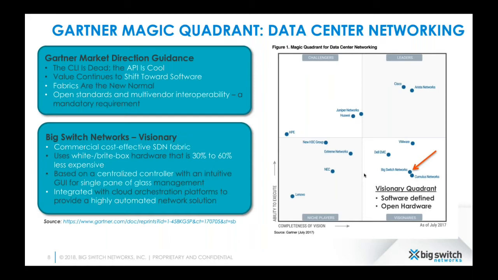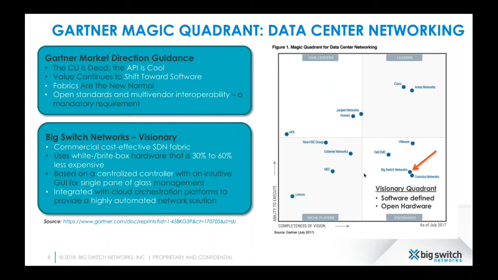Here's a quick look at what Gartner talks about, and their market direction guidelines basically say all the same thing. For example, they are saying no more CLI, you need to use API. Our controller-based architecture is completely REST API based. The CLI and the GUI of the controller are all actually calling the REST API internally. So there is no such thing as a function that would not have a REST API equivalent in our architecture.